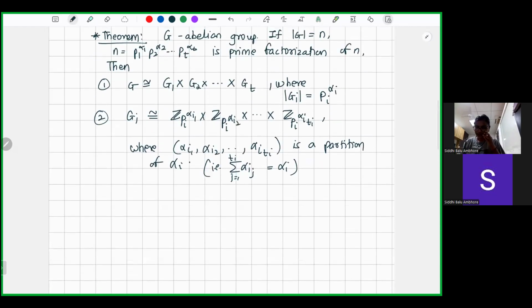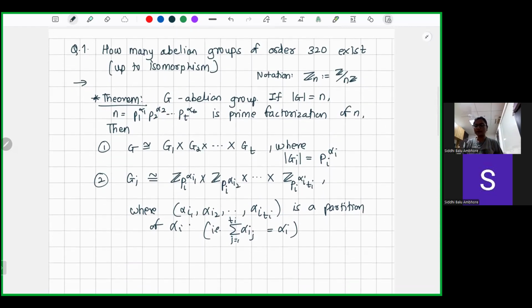We saw an example yesterday where the group was given explicitly and we were asked whether the groups in the options are isomorphic to the group given in the question or not.